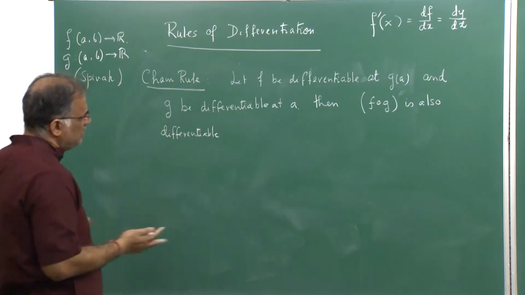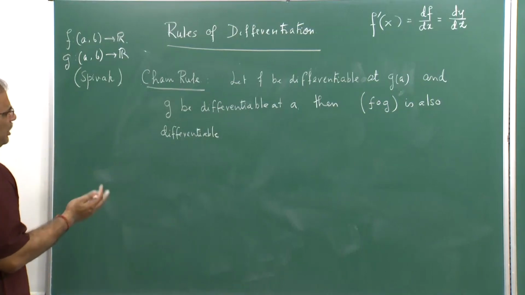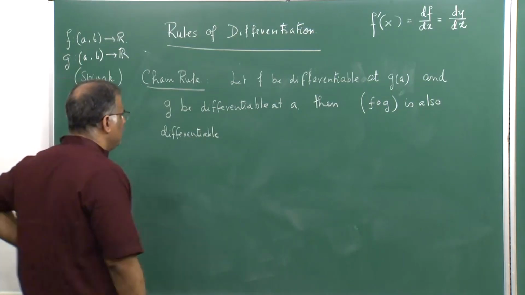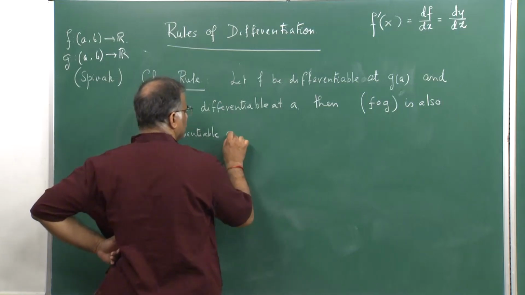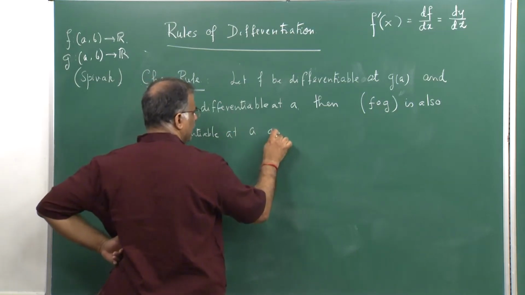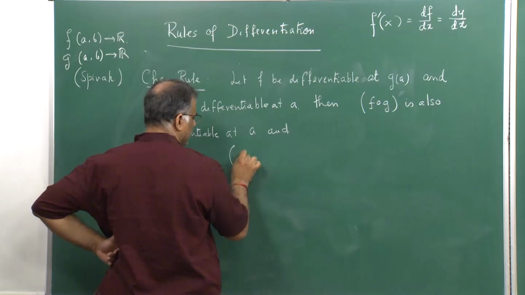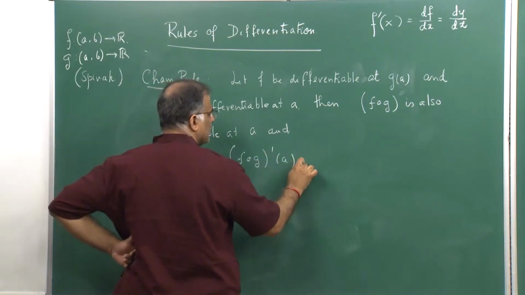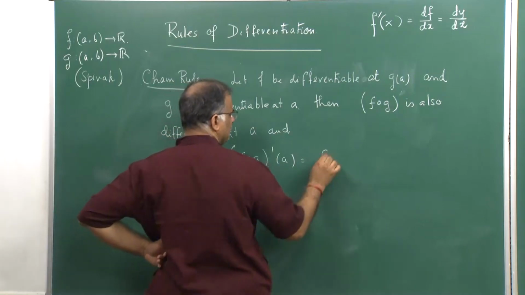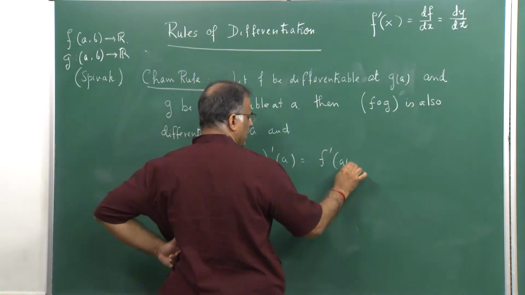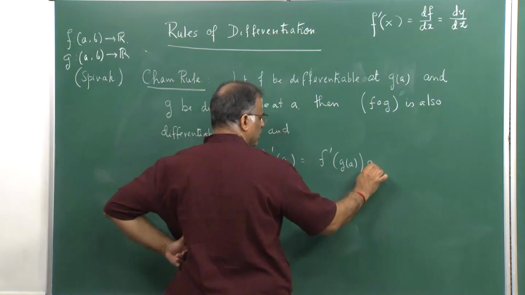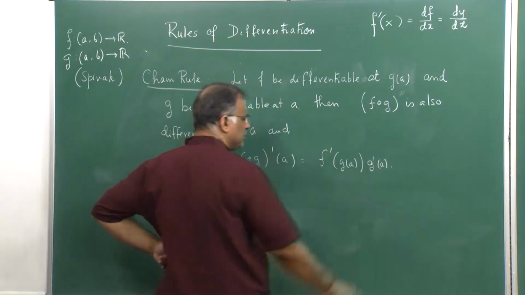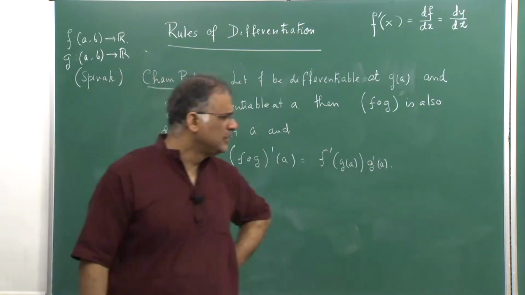You can do it over any open interval or the whole R, does not matter. And this is what you will have. That is exactly the same thing that I am going to repeat here. So, f dash evaluated at g(a) into g dash a.